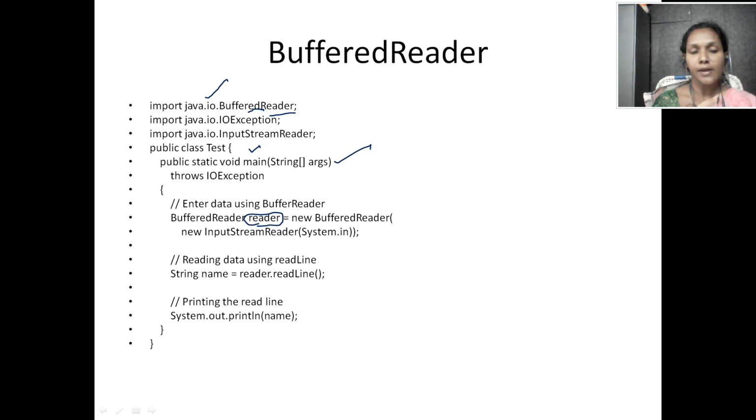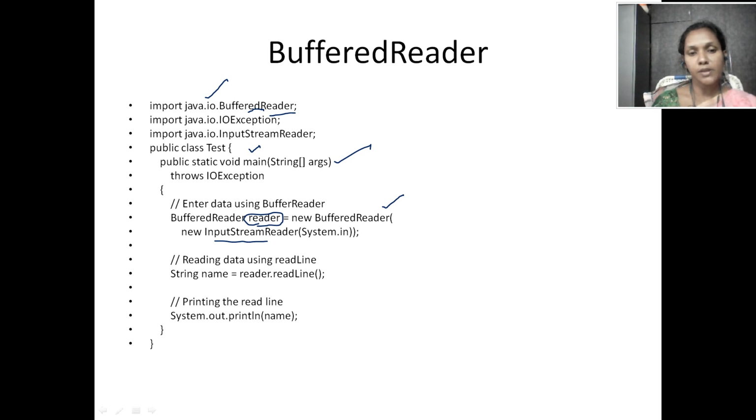So create a stream reader: new InputStreamReader of System.in. Again I am repeating, whenever we want to read a value from the user using BufferedReader, we need to create a BufferedReader object and pass an input stream.